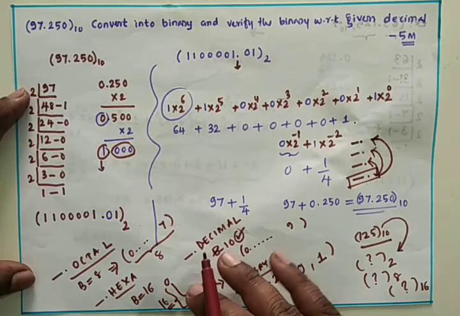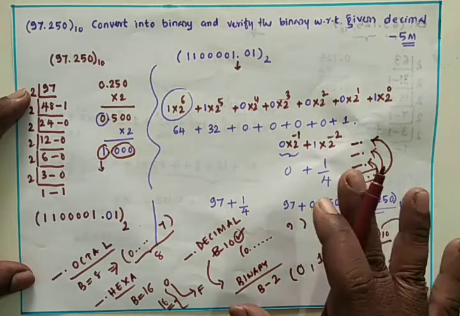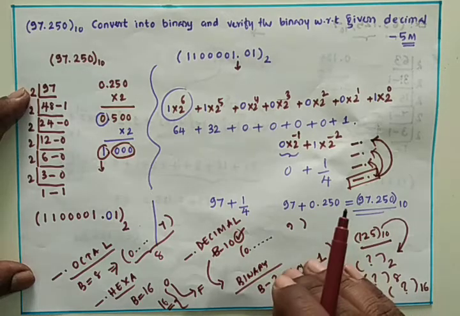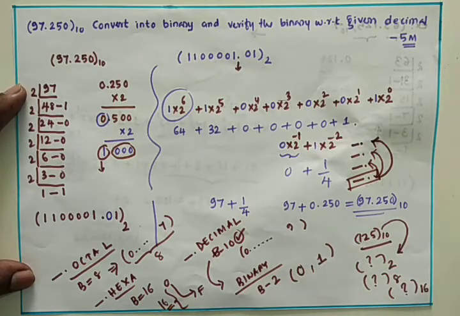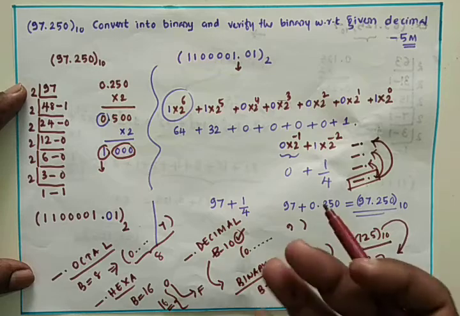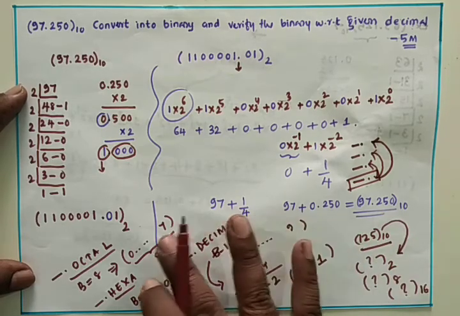The point is very clear. If you know one number in any number system, we must be able to know its equivalent number in the remaining three number systems.